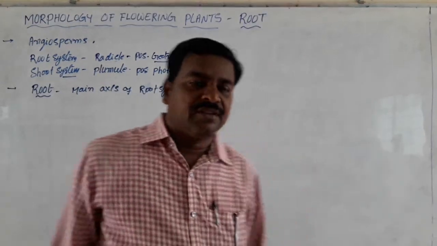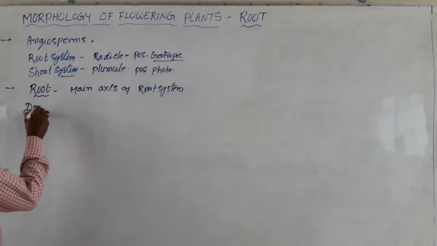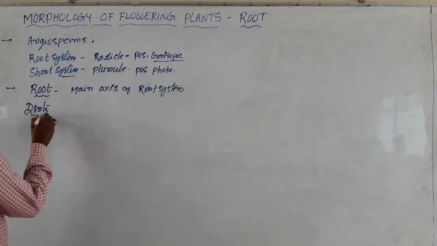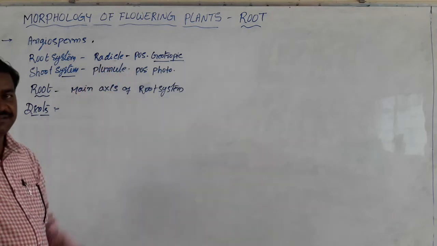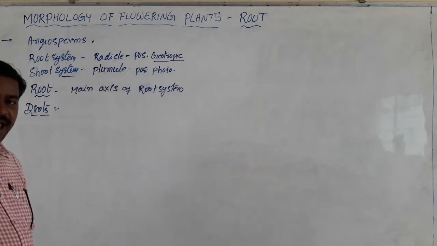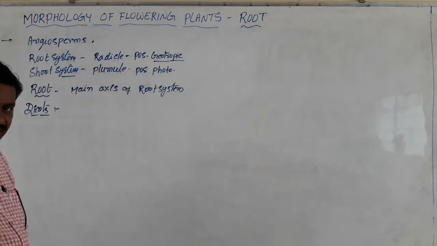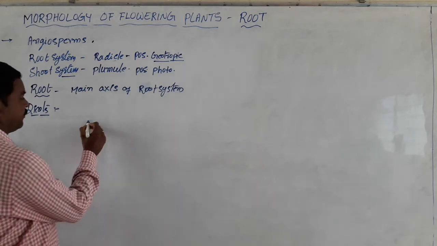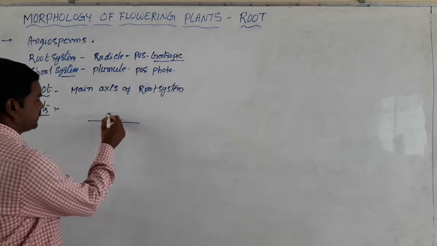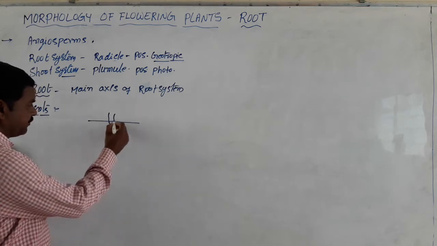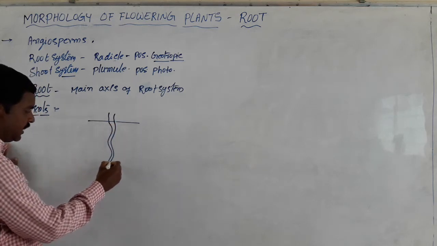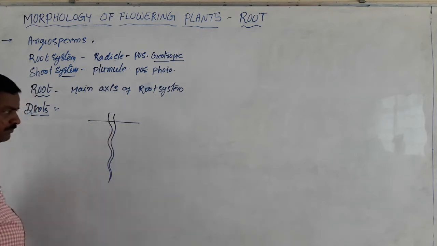In dicotyledonous plants, the radicle grows continuously. The radicle elongates into the soil like this. This is the ground surface and this is the stem. The radicle grows directly into the soil.